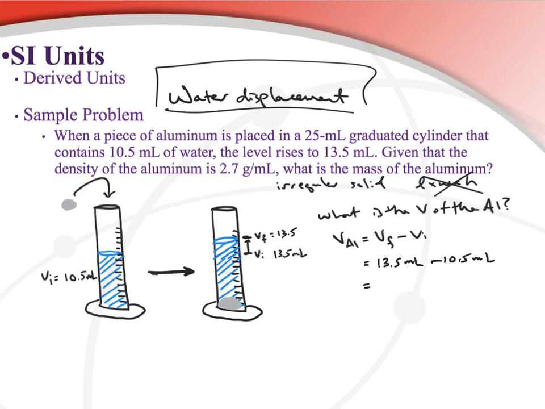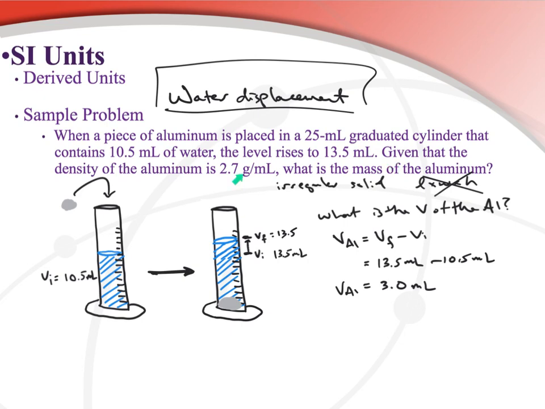The volume of the aluminum is going to be, don't forget significant figures now, because your calculator would just say 13.5 minus 10.5, but since it's subtraction, the one that goes the least far to the right is as far to the right as we go in the answer. They both go to the tenth place. My answer better go to the tenth place. So make sure it's 3.0 is what you would write for the volume of the aluminum.